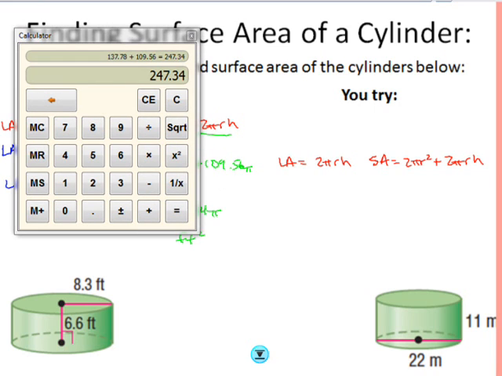Okay, it looks like a trickier problem, if you want to call it that, but it's not. We just have to make sure that they've given us the diameter, so we've got to make sure we convert that to the radius. So the lateral area is 2 times pi times the radius times the height. So that's 121, which is 242. So the lateral area is 242 pi meters squared.